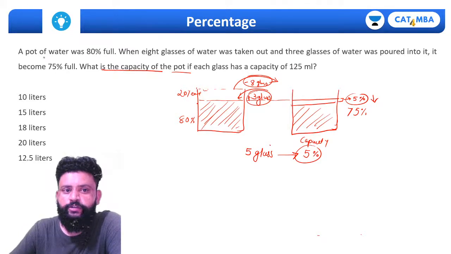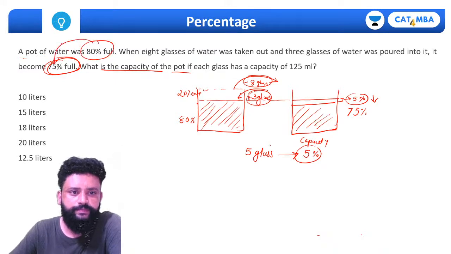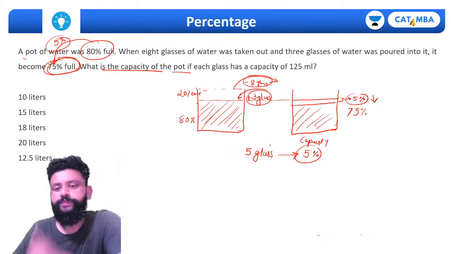Not 25%, it was just 80% full. 80% to 75%, it has just decreased by 5%. Are you clear about this, Satyaprakash? It's not 25.